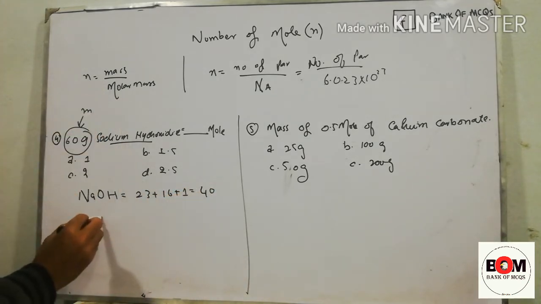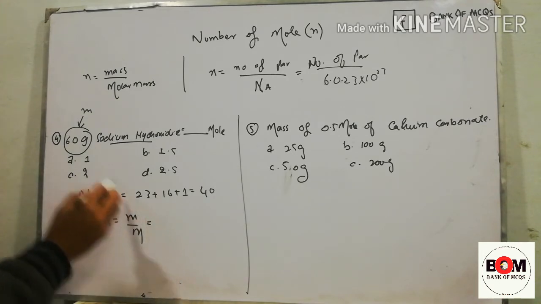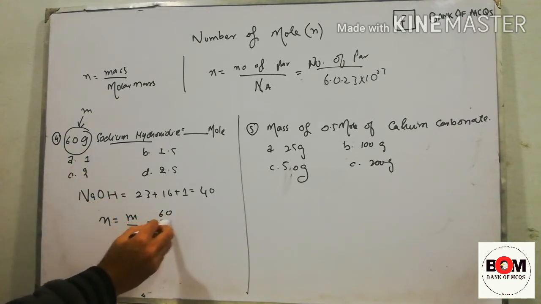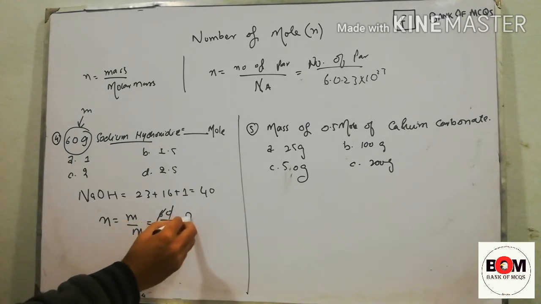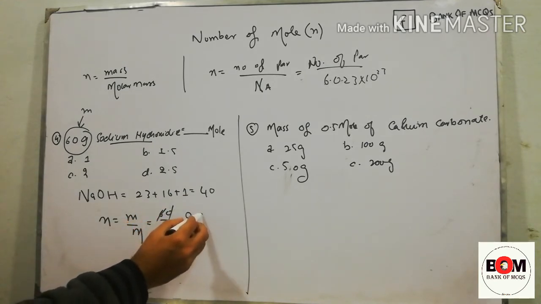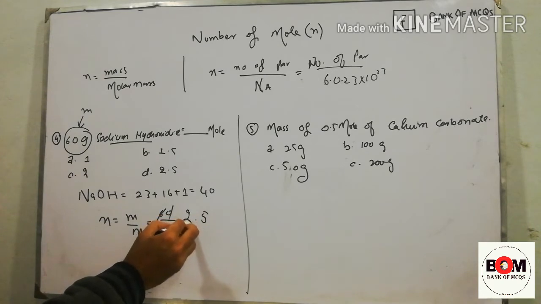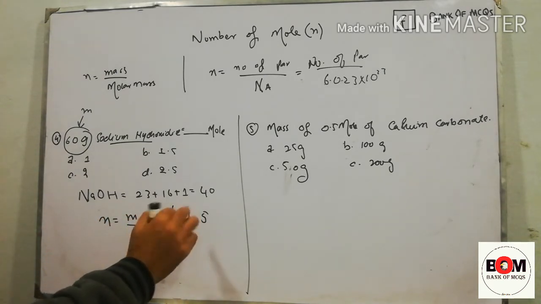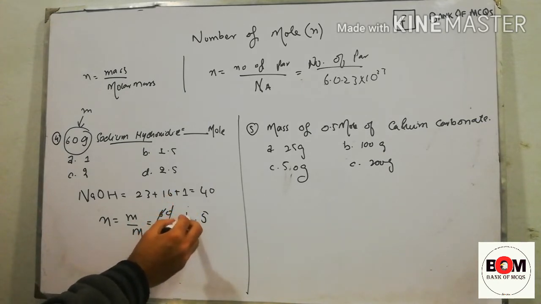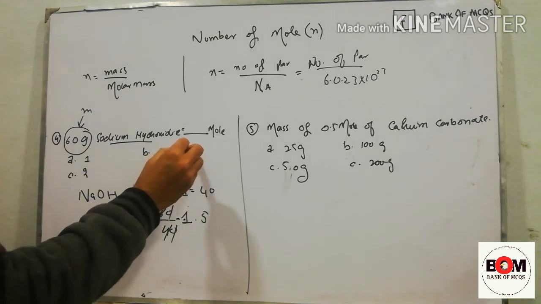By formula, number of moles is equal to mass divided by molar mass, where mass is 60 gram divided by molar mass 40 gram. That gives 1.5 as the answer. So option B is correct.